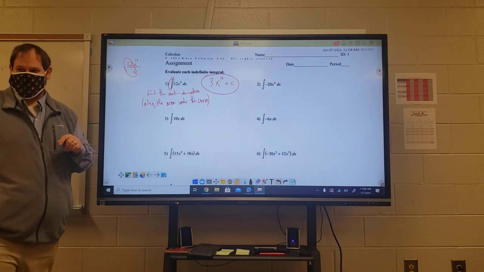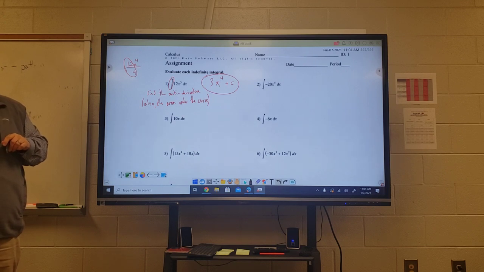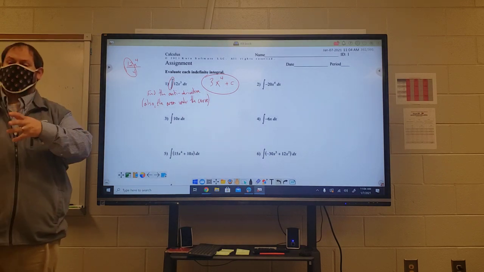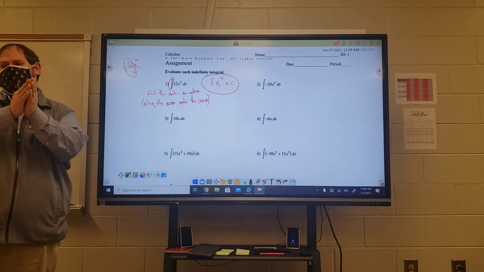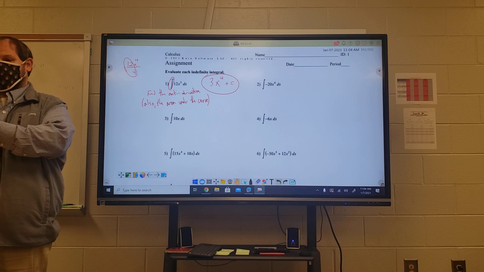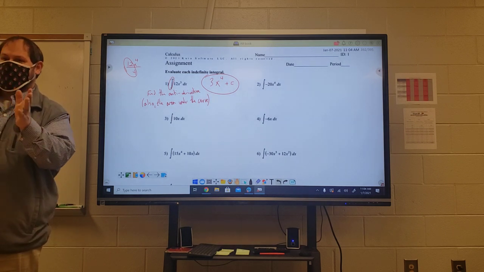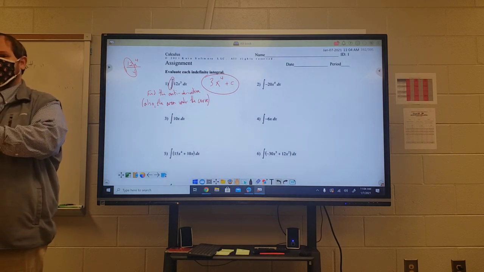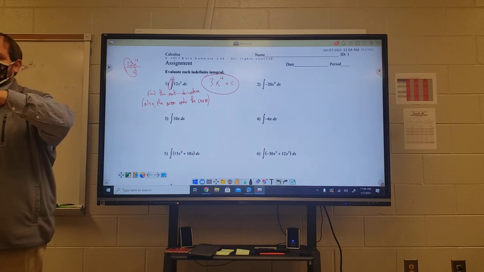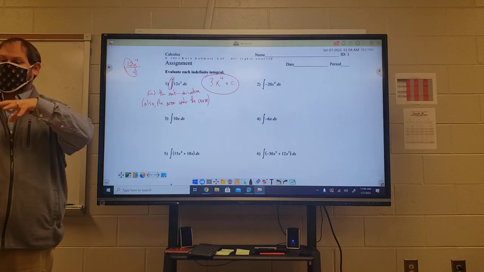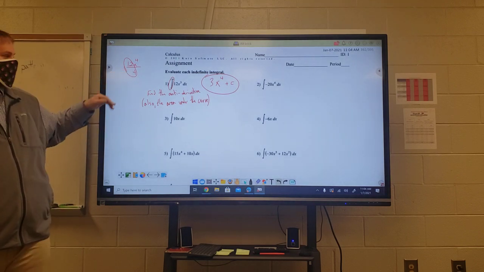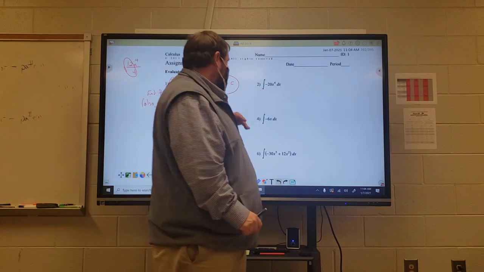I didn't understand why you were doing that the other day. Every function is a derivative of some other function. So whatever that function was, we had to multiply down and decrease the power. So we have to do the inverse of that, which is to divide and get rid of it.